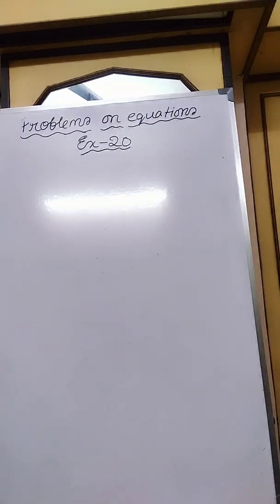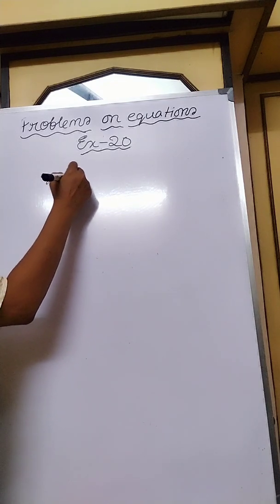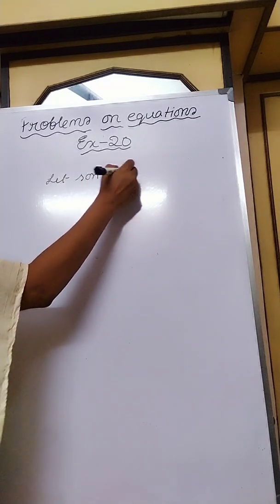What is given in the next sum? In the next sum it is given that the present age of a father is 34 years more than the son. So let the son's age be x.